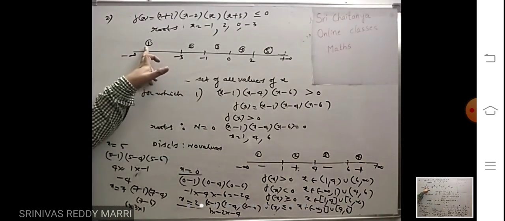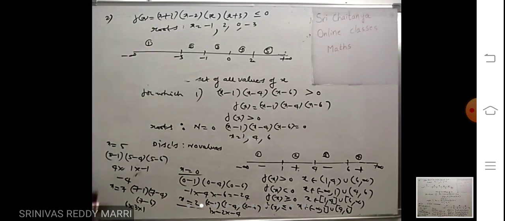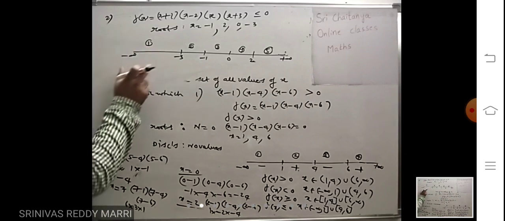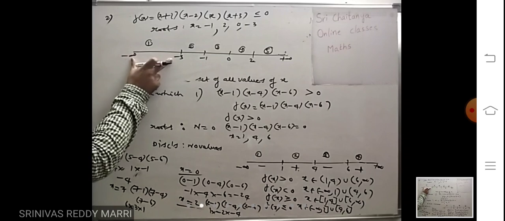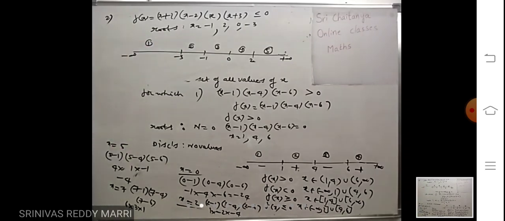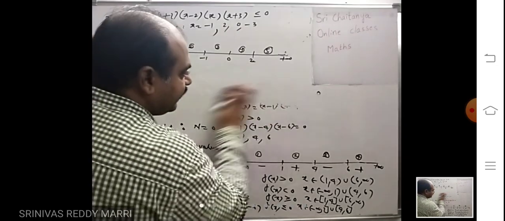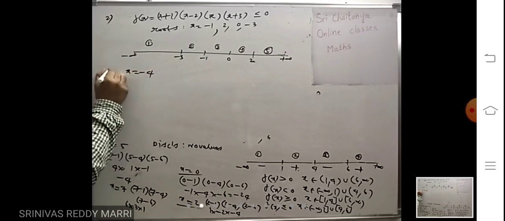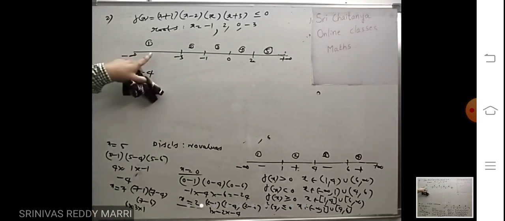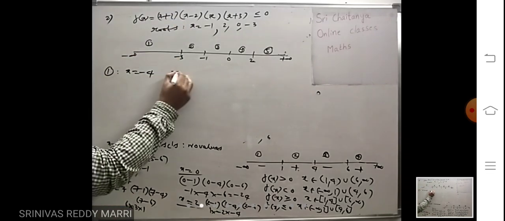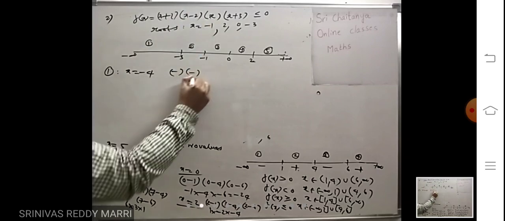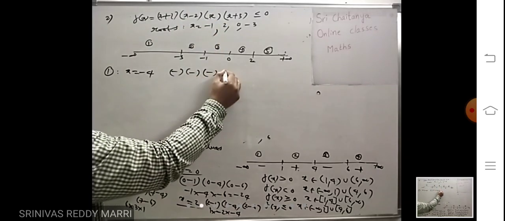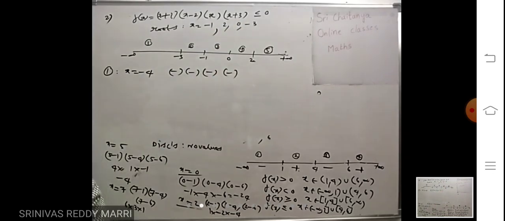Look at the first interval. I have to give a sign, positive or negative. I am taking minus 4, which is less than minus 3. Minus 4 plus 1 is negative, minus 4 minus 2 is negative, minus 4 is negative, minus 4 plus 3 is negative.